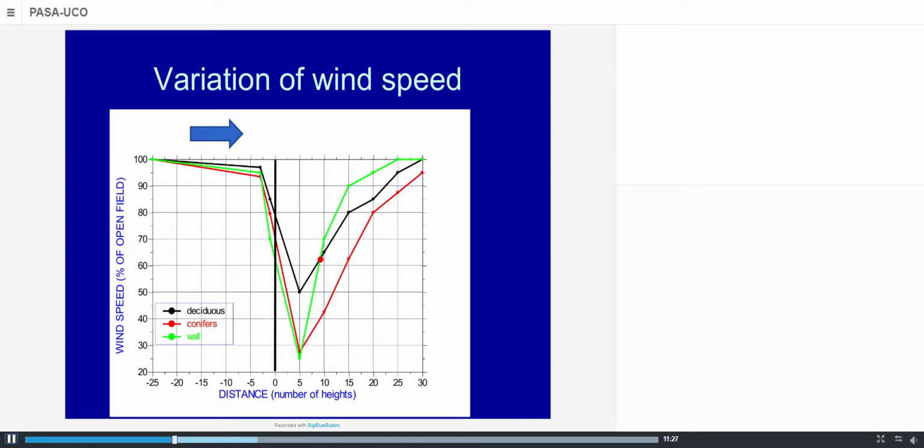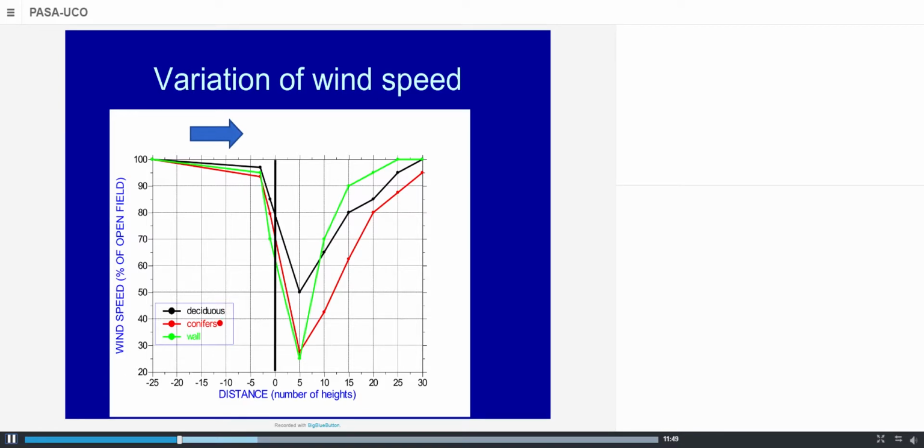But the highest effect, of course, is on the leeward side of the windbreak. We see that the wind speed can be reduced down to less than 30% of wind speed in the open. And that will occur with solid windbreaks, like a wall.